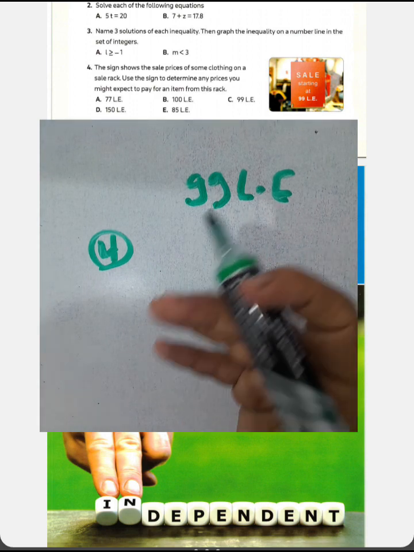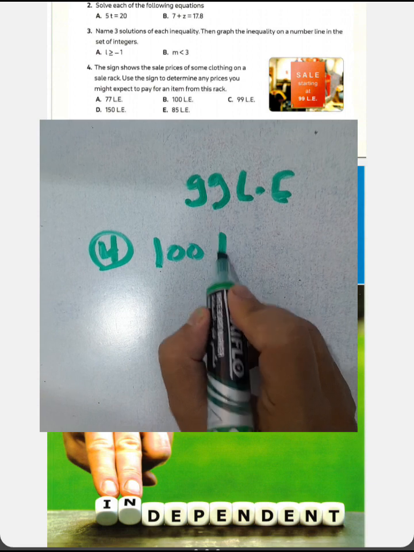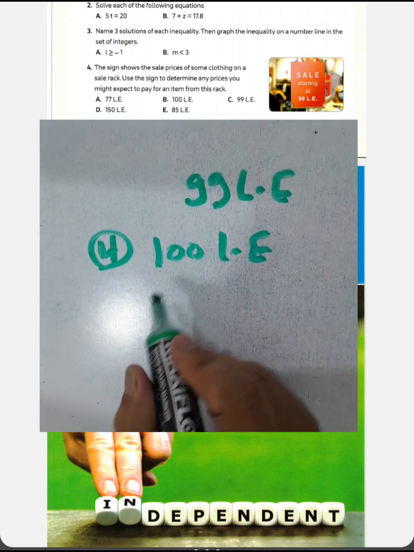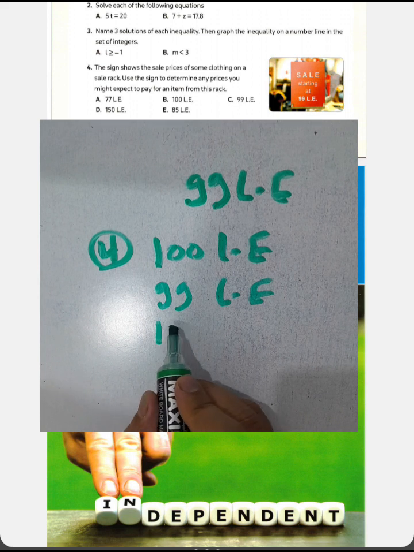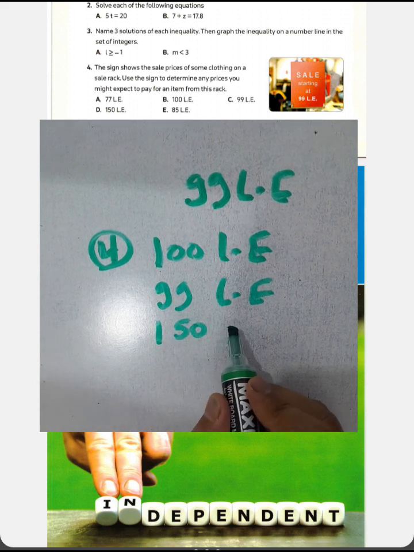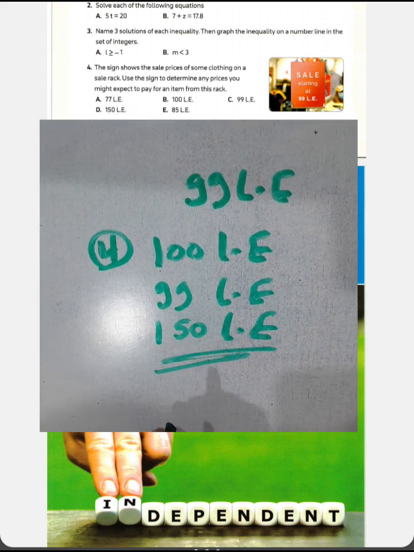So you can pay what? Anything around 100 Egyptian lira, or anything at 99 Egyptian lira, or the price could be 150 Egyptian lira because it's a price discount in the shop.